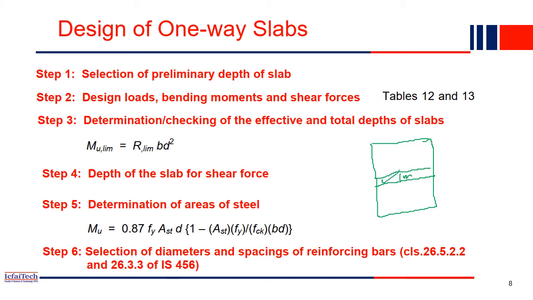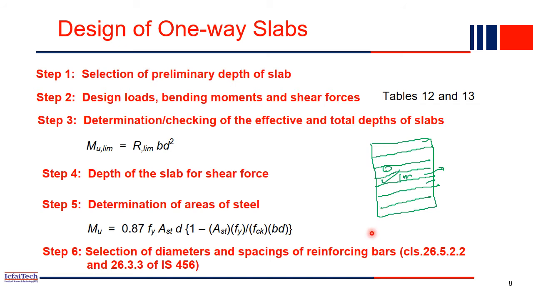Whatever reinforcement we get here, the same will be repeated and provided in each section, right? That's how the one-way slab design happens. Basically we are designing a beam, and then replicating that beam over the entire length.